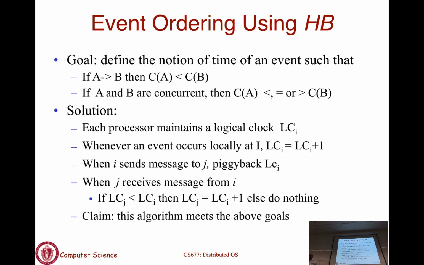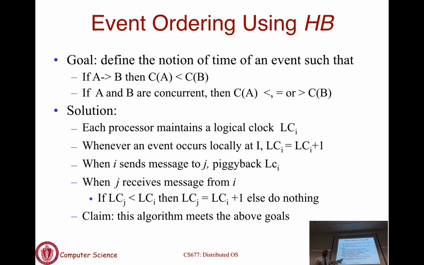So you will not do this for every instruction or anything like that, so it is not going to be that expensive as a result. All right. So if A and B are concurrent events, we don't care about the timestamps. We only care if A has happened before B, and then we want that ordering. If they are concurrent, we will let the timestamps be whatever they are.